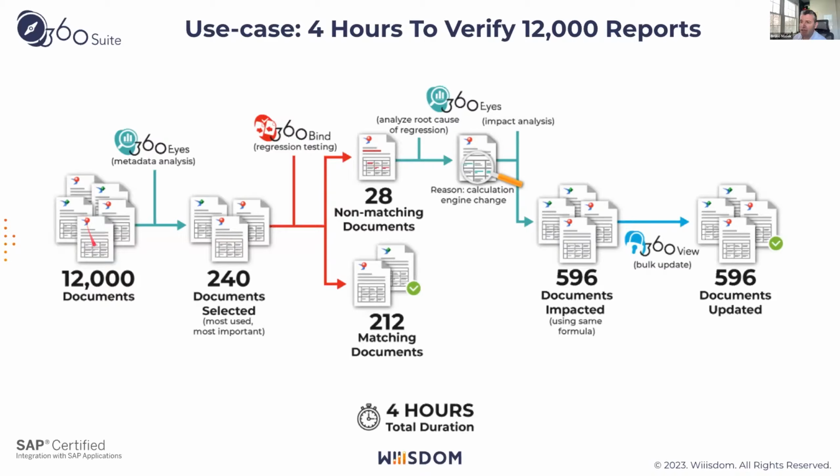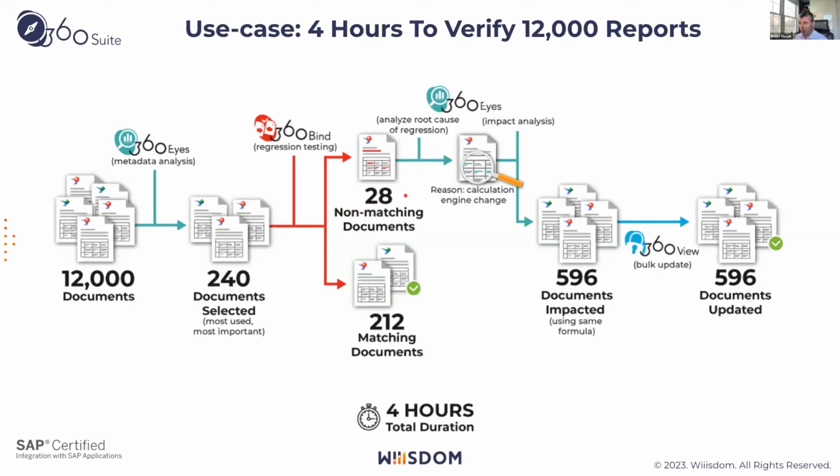From there, based on metadata, the customer figured out he had only 240 documents that are his most critical documents, based on metadata extracted with 360. From there, the customer does some testing and determines that 212 documents are fine, 28 are non-matching.